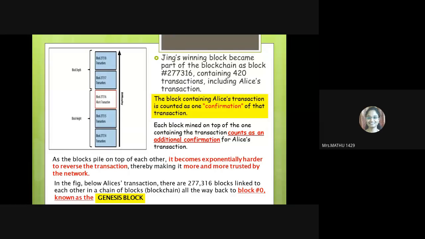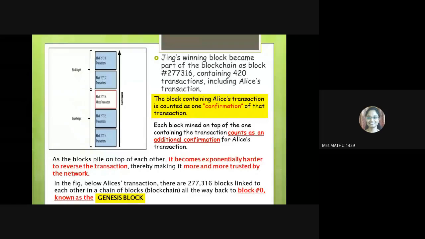It was verified by this mining pool, and they have added it to the network. Since they have validated it, this becomes one confirmation for that transaction. So the transaction has been made successfully, and the right person has received the money. This kind of confirmation is made because of this activity.